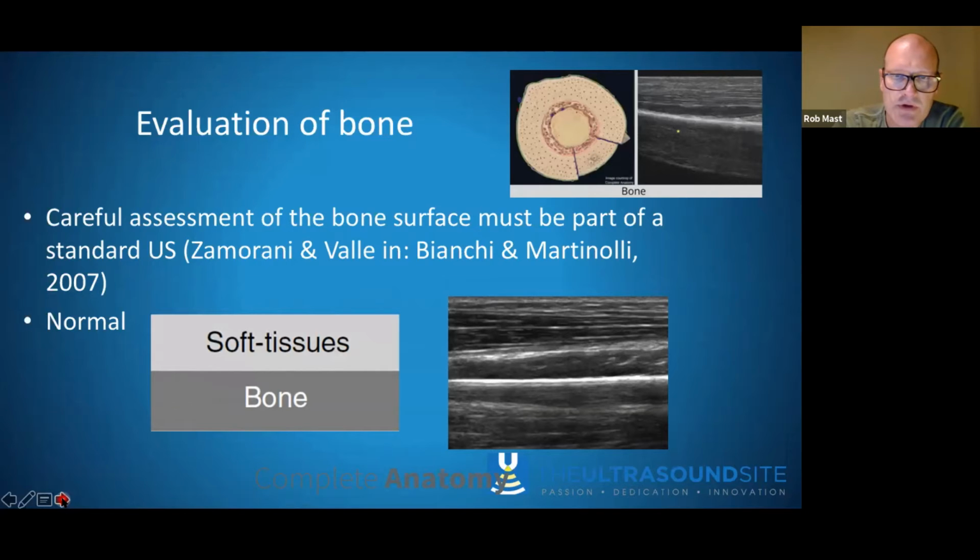And obviously, if you're imaging a long bone, not at the joint level, then it's a very nice straight and smooth white line. That's what you would like to see, and that's what a normal image is like. Because it's so dense and so hard, you can see that very clearly in the images. Next slide.